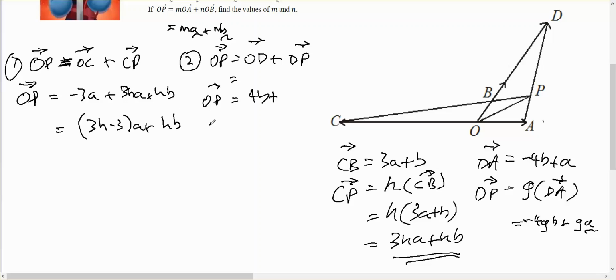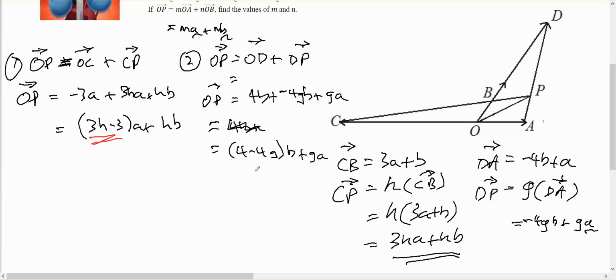And this OP is equal to 4B plus, what am I looking for? DP, which is minus 4GB plus GA. So I've got equal to 4 minus 4G B plus GA.